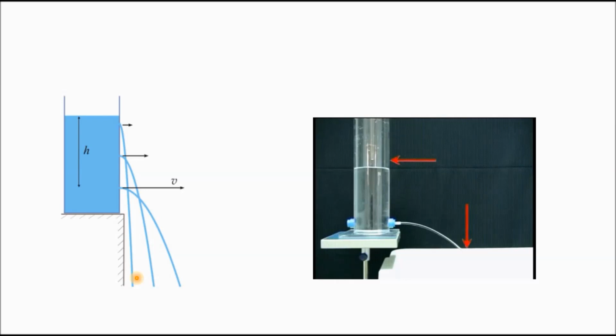Okay, so you can see the second animation. As the level comes down, the jet point comes closer to the tank. This is one phenomenon. It means we understand there is some relation between height and pressure.